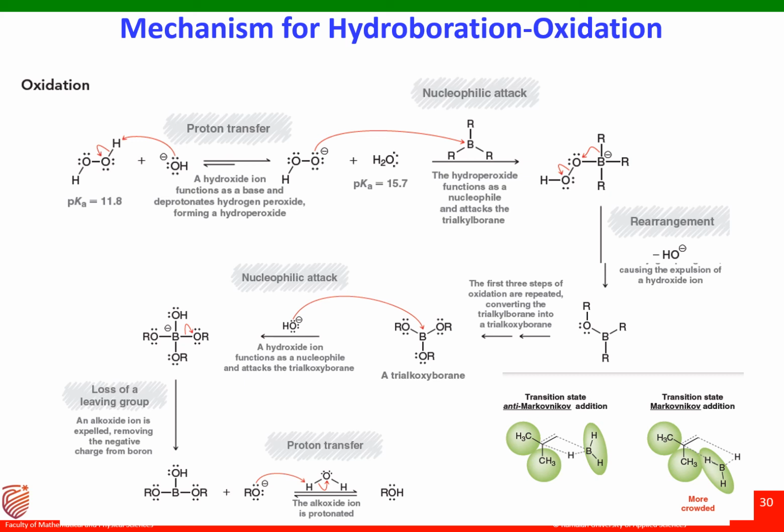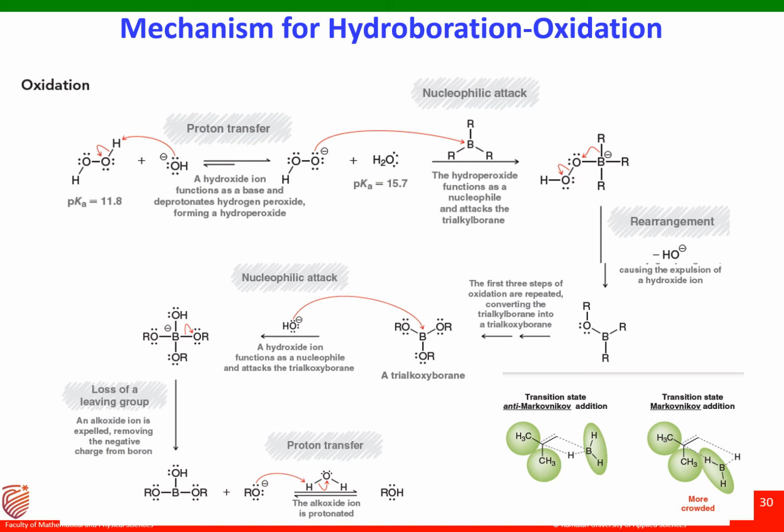Proton transfer will happen, leading to the formation of an ion, a hydroperoxide ion, with a water molecule being eliminated. The formed ion is nucleophilic in nature and will go and attack the boron. The hydroperoxide functions as a nucleophile and will attack the trialkyl borane now.